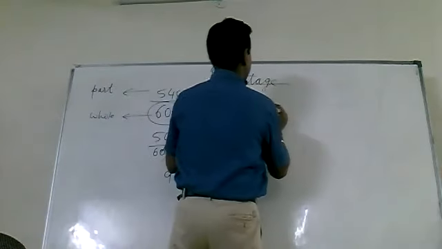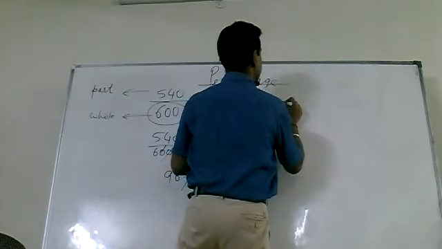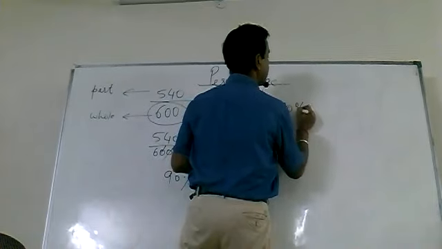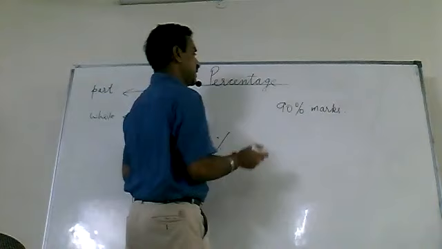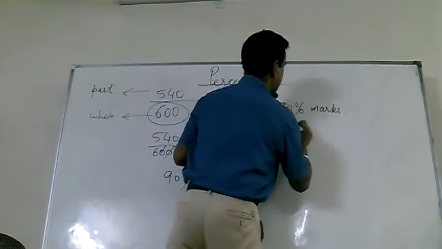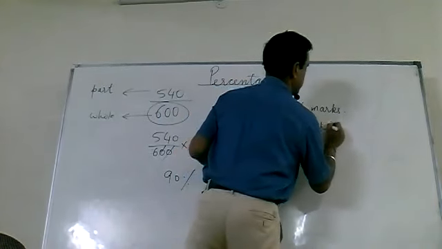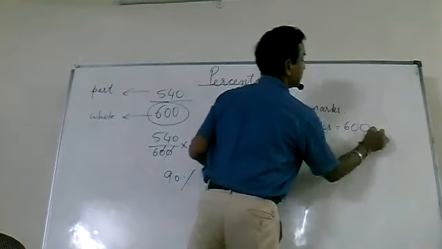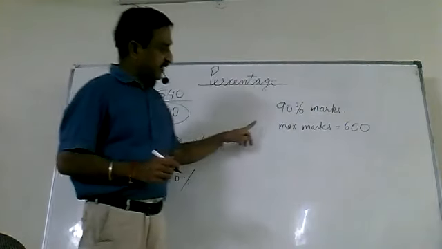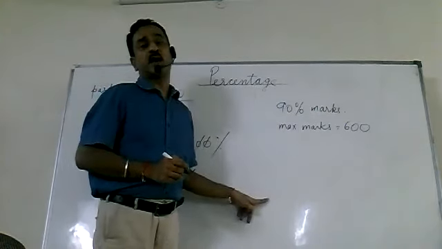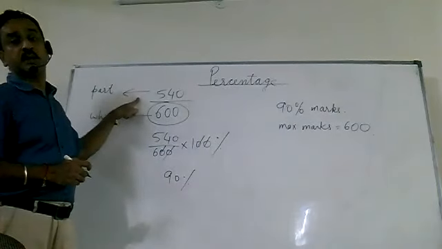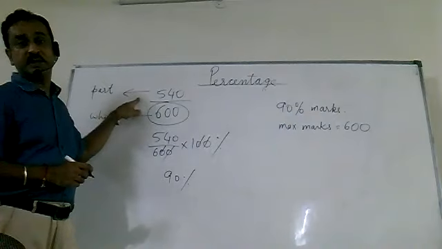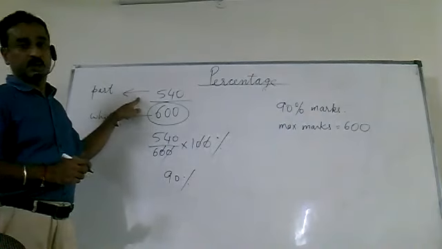If a student says, I got 90% marks, and maximum marks were 600, and we have to calculate his actual marks, we have to calculate this part quantity. How much marks did he get out of 600, right?